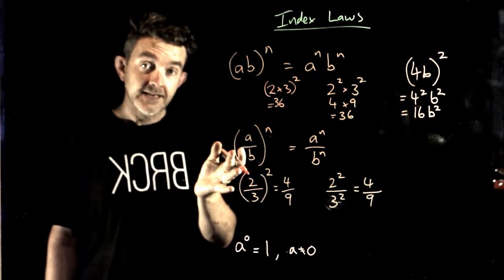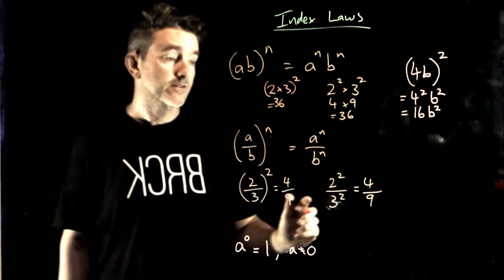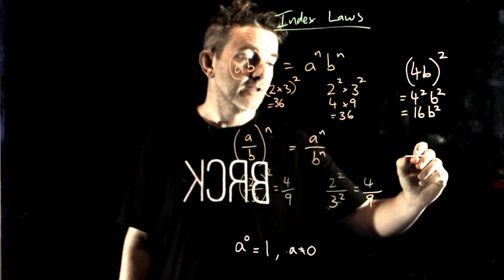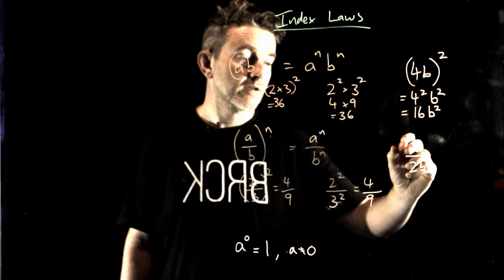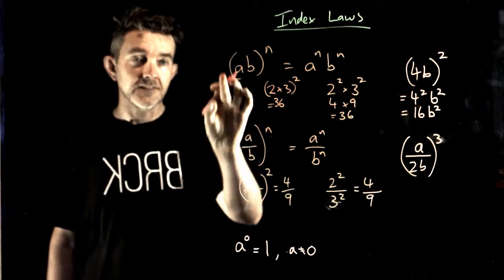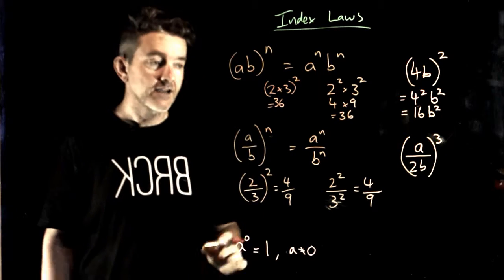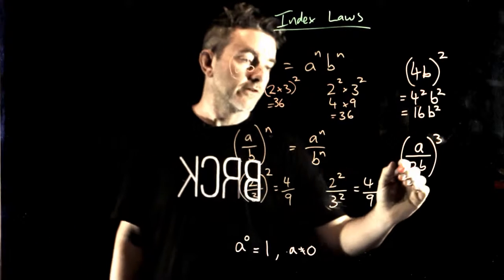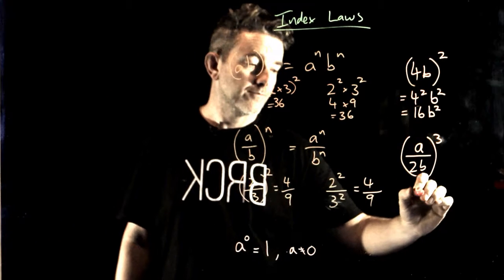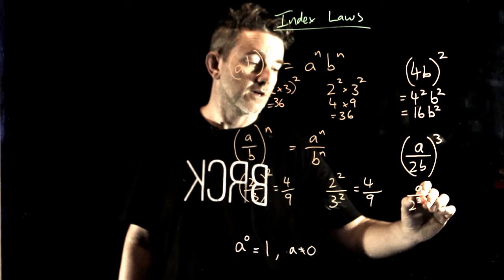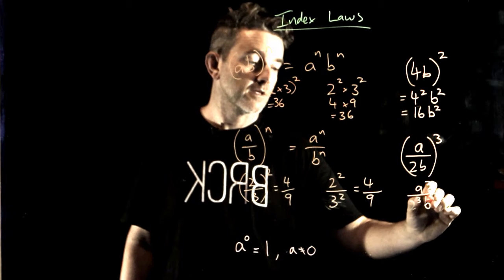Now, if it's a more complicated example, we just do it exactly the same way. So what if I had a over 2b all to the power of 3? Now I'm actually combining this rule and that rule. I have to put that cube on everything in there. So it's going to be a cubed over 2 cubed times b cubed.